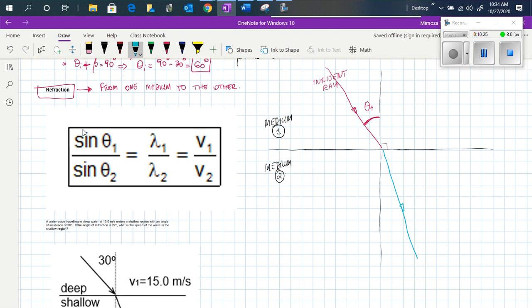So this will be the refracted ray or wave, creating an angle of theta 2, which is known as the refracted angle. So now, what is it saying based on what is known as Snell's law?